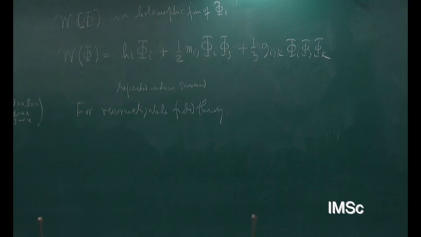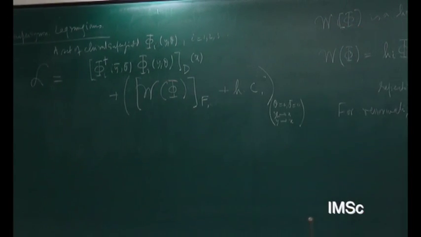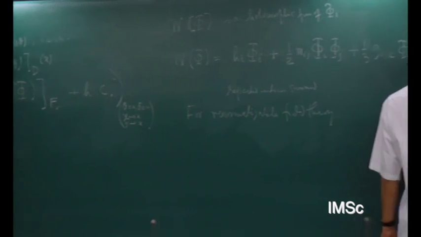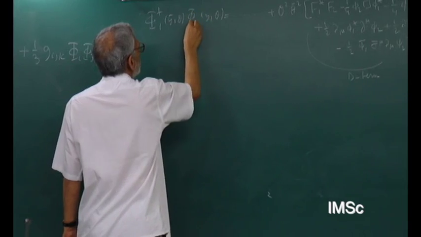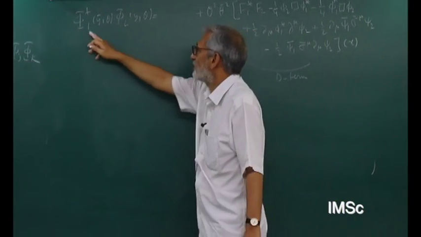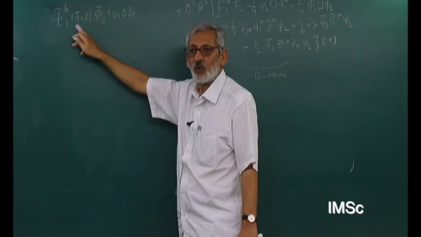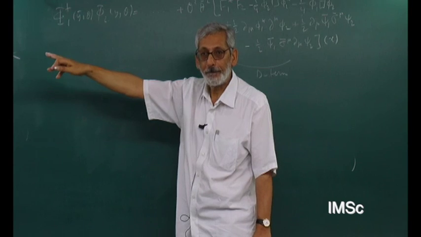Now let me write down, I have written the expansion here, of a general product of two superfields. There I have both 1 and 2 are same. 1, 1 or 2, 2, because i is the same.